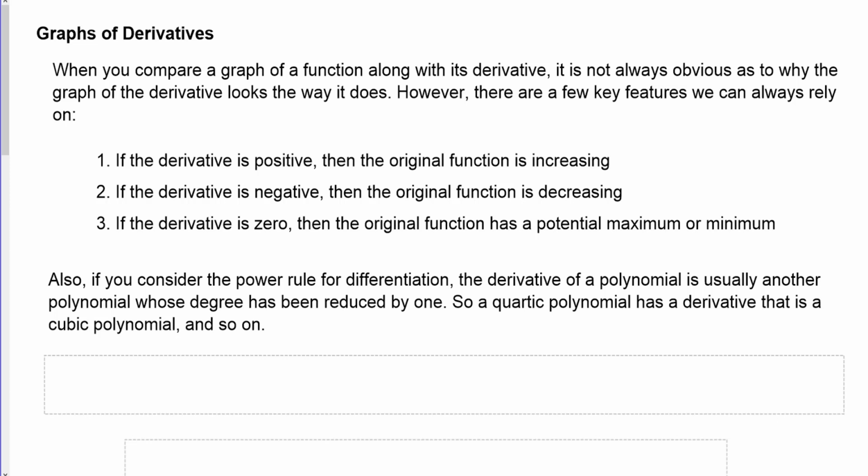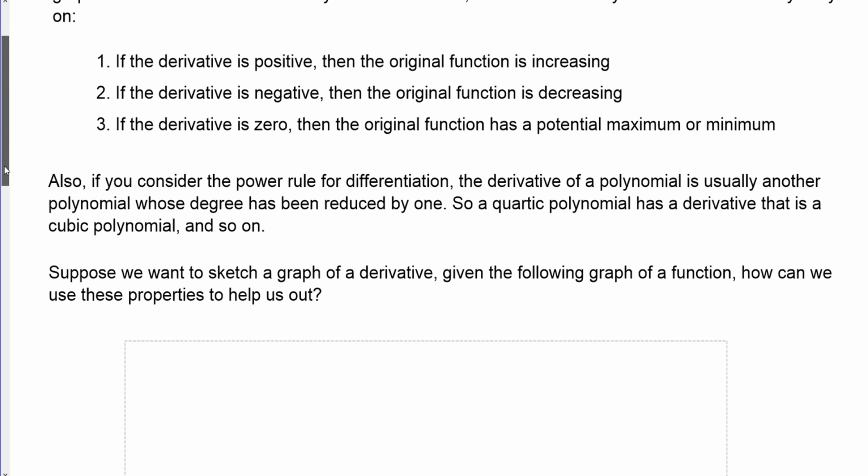So a quartic polynomial has a derivative that's a cubic, which has a derivative that's a quadratic, which has a derivative that's linear, and so forth. So you can deduce what the graph of a polynomial's derivative will look like.